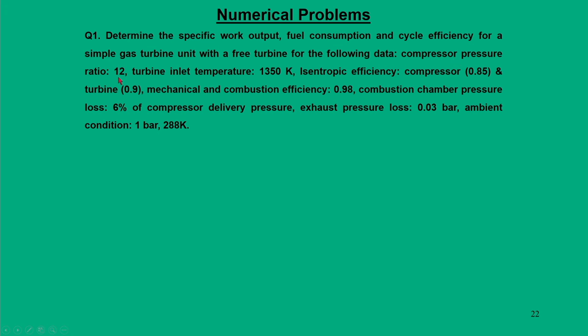Compression pressure ratio is 12, turbine inlet temperature is 1050 Kelvin, isentropic efficiency of compressor 0.85 and turbine 0.9, mechanical and combustion efficiency 0.98, combustion chamber pressure loss 6% of compressor delivery pressure, exhaust pressure loss 0.03 bar, and ambient condition 1 bar, 288 Kelvin.